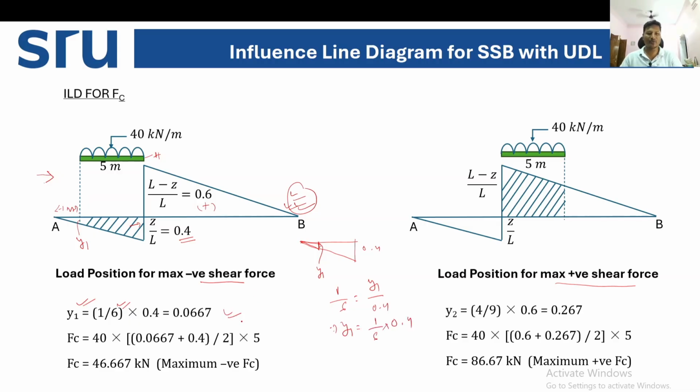So from here y1 is equal to 1 by 6 into 0.4, which is 0.0667. We got the value of y1. Once you have this ordinate, how can we calculate the maximum negative shear force? The maximum negative shear force will be the load into the area under the load.